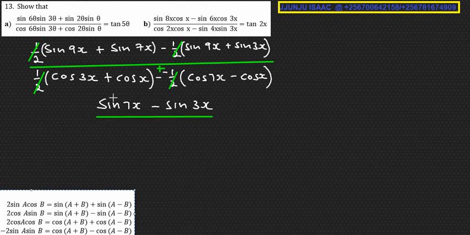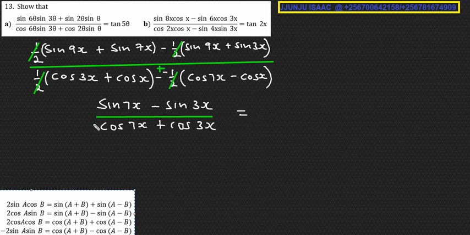Let us see if there's something cancelling. Yes, this is a cos. Now remember this is a plus here, so cos x goes away, so we remain with cos 3x plus cos 7x. So let me write cos 7x plus cos 3x.